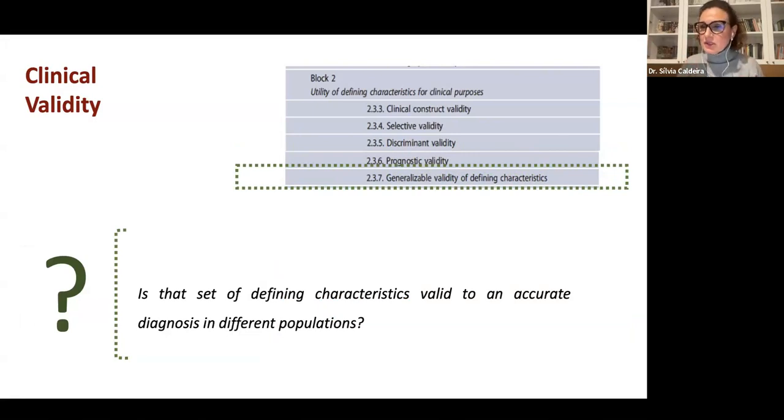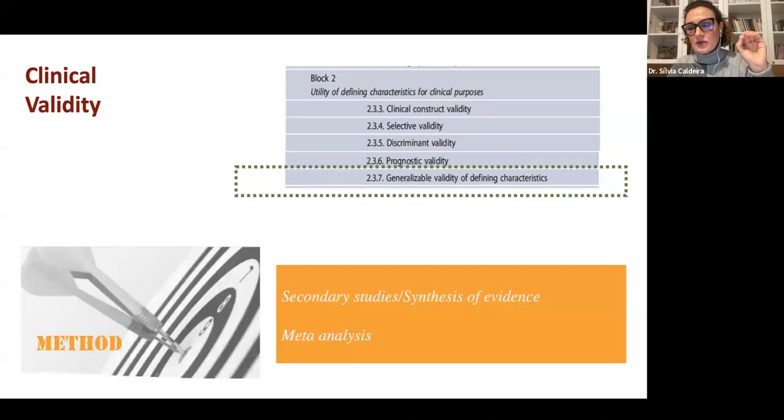In fact, when we look at the taxonomy of NANDA, some nursing diagnoses have so many defining characteristics that it's difficult for nurses to see the 3, 4, or 5 that are more specific, predictive, and sensitive to that nursing diagnosis. And we need to create this set of defining characteristics that helps nurses to diagnose that nursing diagnosis in a more accurate way.